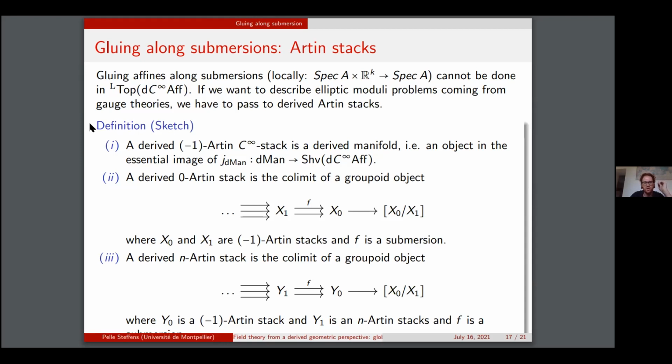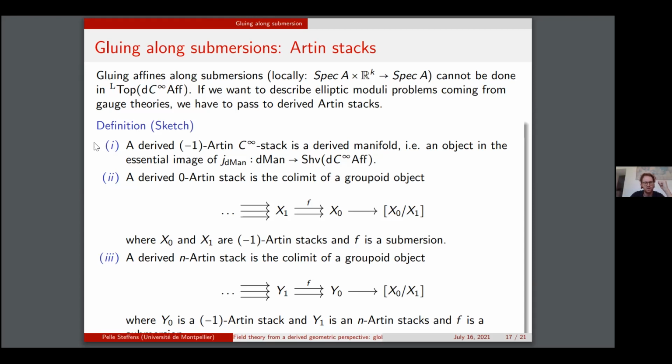Those will be non-trivially stacky. So how do you define that kind of gluing? Well, an inductive definition of such an object was, I think, first given by Simpson. Probably it goes back to Grothendieck as usual.